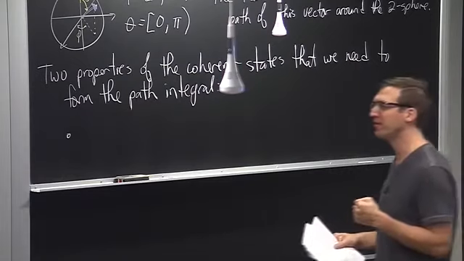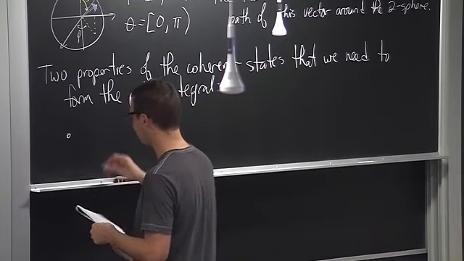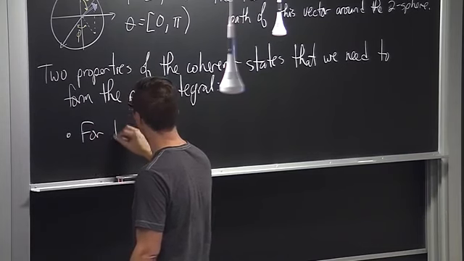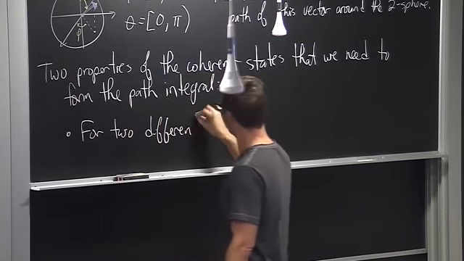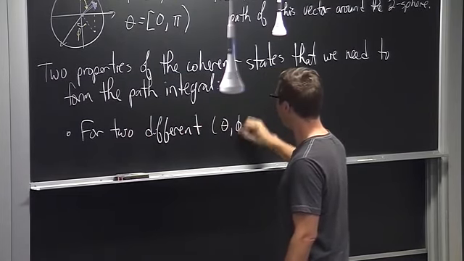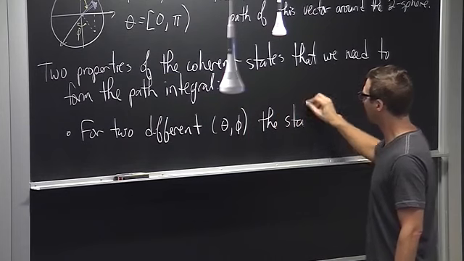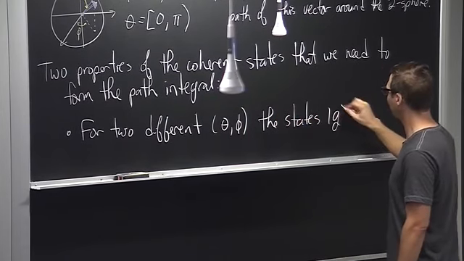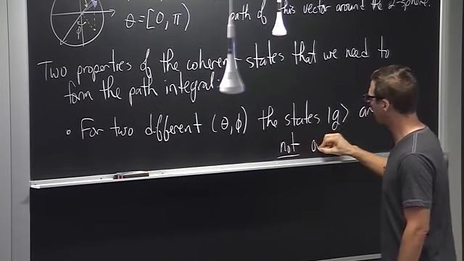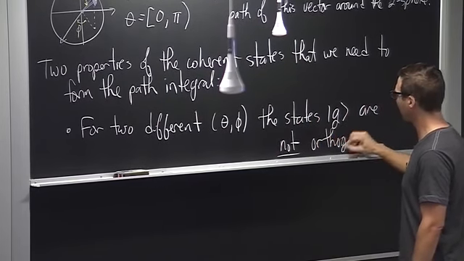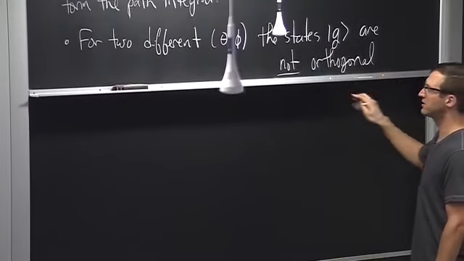If I have two different coherent states, G and G prime, they're not orthogonal. So that's a thing.